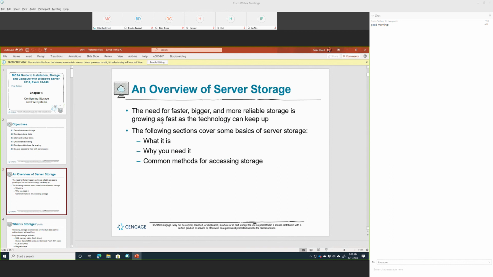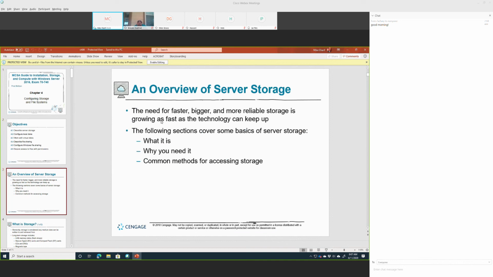So when we talk about storage in general terms, we have a lot of different types of storage. We have permanent storage and we have temporary storage, right? We can store information in memory, random access memory, for example, for the short term, as long as that machine has power in it.